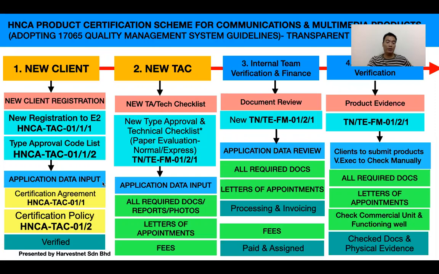But if you're a first timer, please make sure you sign this agreement, as well as submit to us the initialized certification policy. This too is needed if you are a first-time new client to us, right? Therefore, we do a verification and make sure you are in our system. If you are doing a new type approval for the product model, okay, please fulfill this technical checklist.